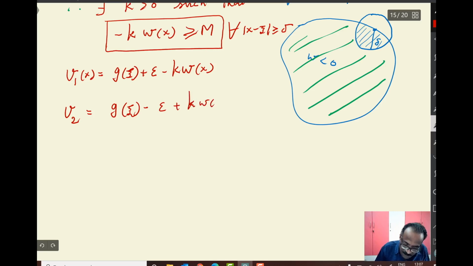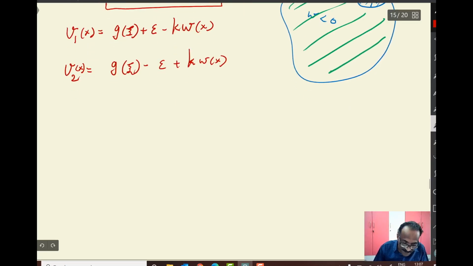Such tricks are used when you deal with sub and super harmonic functions. So this is v2.